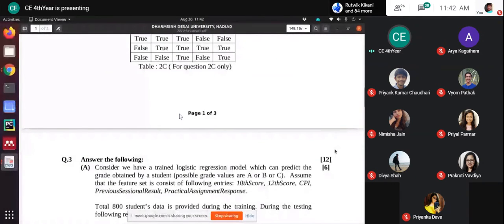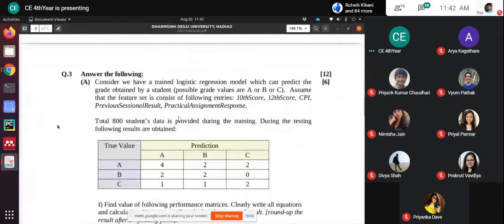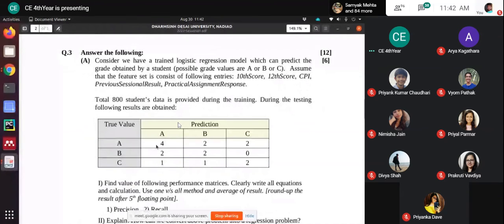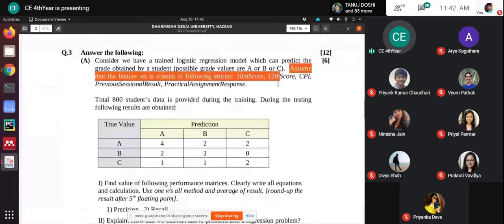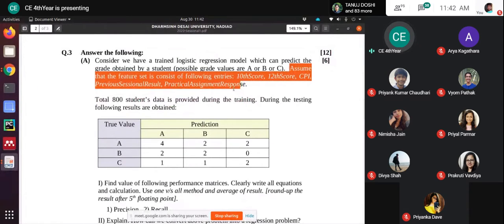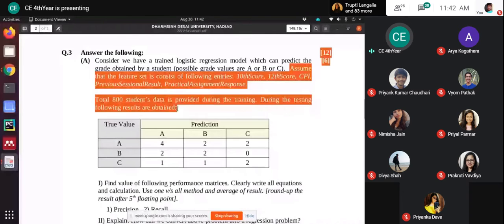Now for question 3, the first question where you just need to calculate precision and recall, but one additional point over here is that instead of a binary class, now we have 3 classes, A, B, and C. The information says assume that the feature set consists of the following entries, then the total of 800 students is just to divert your attention, because ultimately there is no role for this particular line in the answer.